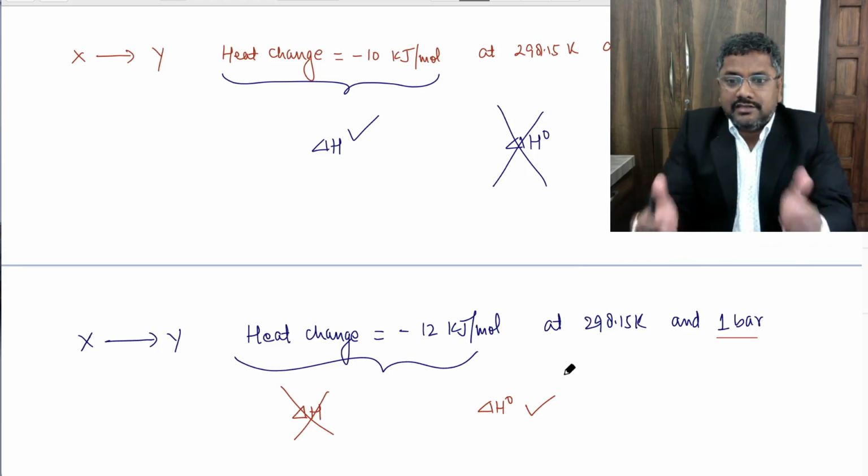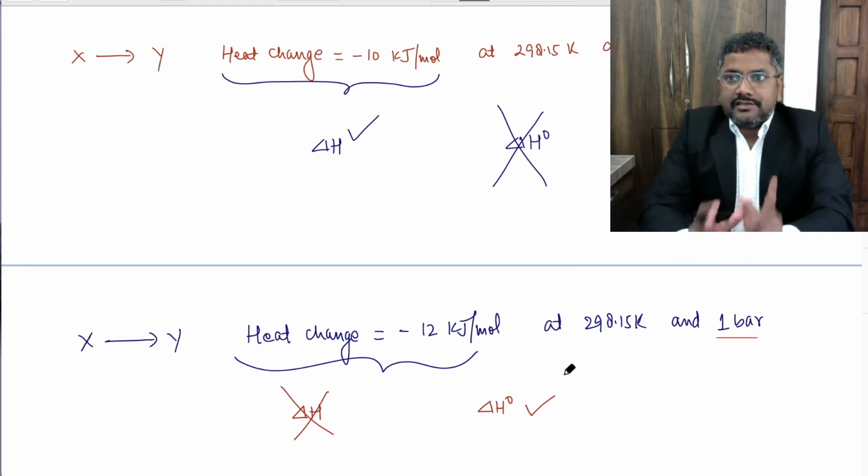Your answer is yes. For a single reaction, we may have 2 or 3 or more delta H naught values. Definitely all those values are different if you are taking them at different temperatures, but they are said to be delta H naught, not delta H. So don't be strict about temperature.